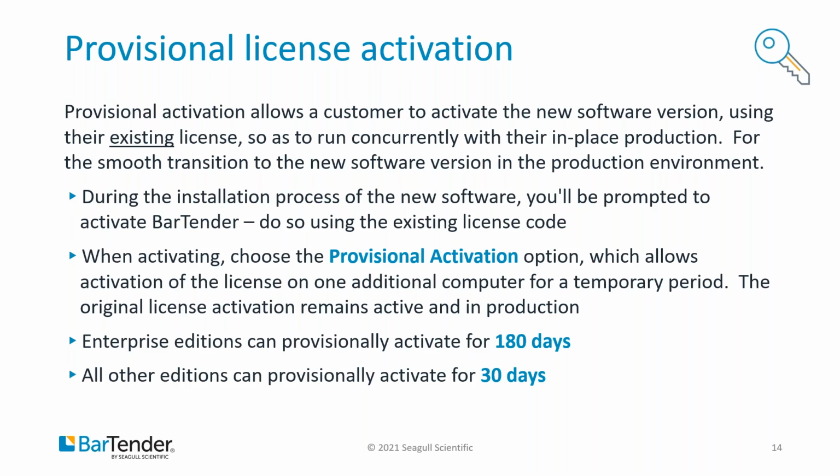So it will prompt you if you want to provisionally activate. At that point, you'll say, yes, provisional activation, please. This essentially will activate that computer for a temporary period of time to run concurrently with your existing already activated BarTender license server of the previous version.